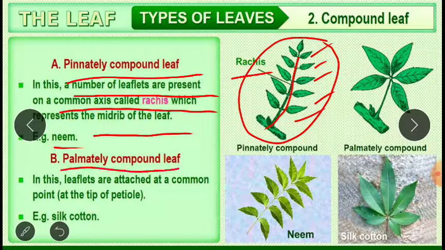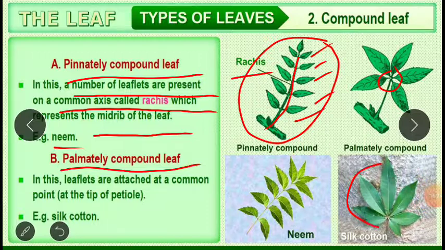What happens in the palmately compound leaf? In this, the leaflets are attached at a common point, the petiole. At the petiole of the leaf, that is at the stalk of the leaf, the leaflets are attached. So that is going to be called the palmately compound leaf.